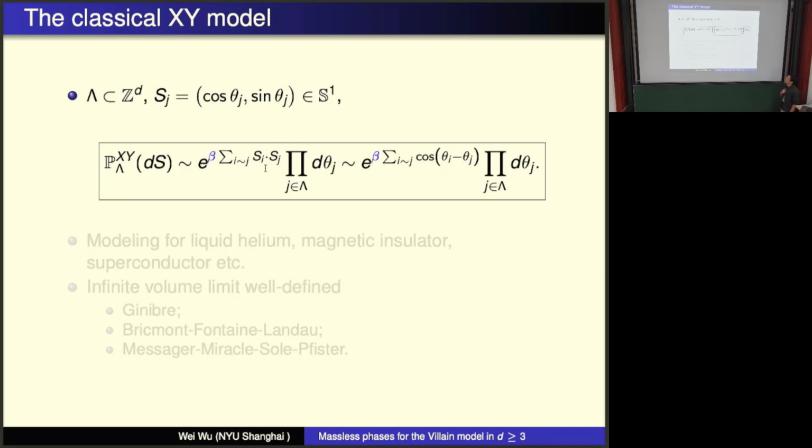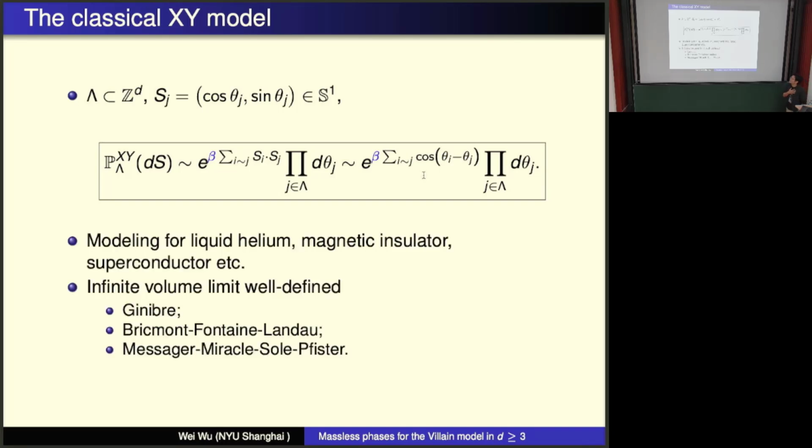And also because the spins are on the unit circle, you can parameterize it as cosine and sine. And therefore, this is also equivalent to the sum of cosine of the difference of angles. And the first natural observation here is that if your beta is large, if you have low temperature behavior, then the spins next to each other tend to align with each other. So that's what happens in the XY model.